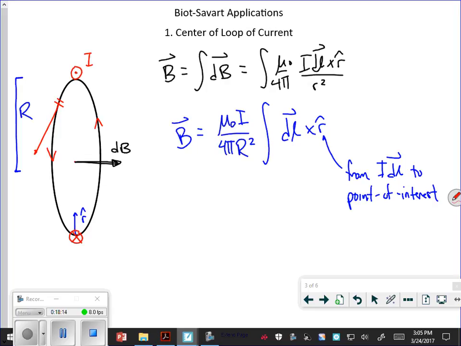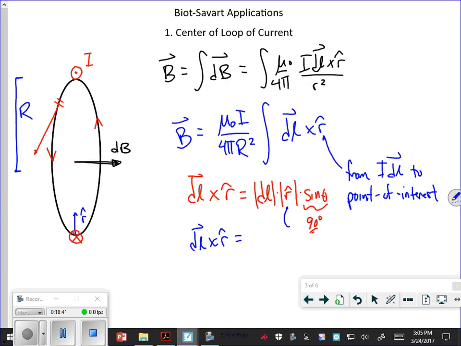As a sidebar, dL cross r hat is the magnitude of dL times the magnitude of r hat times the sine of the angle between dL and r hat. These are all 90 degrees, so that's 1. The magnitude of r hat is 1. So our vector dL cross r hat just yields dL.